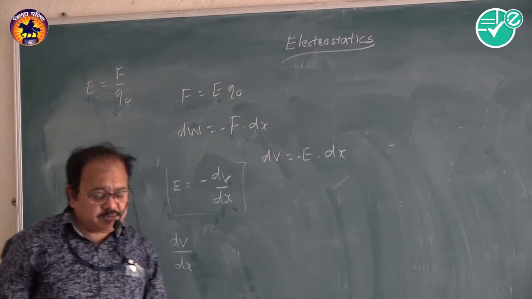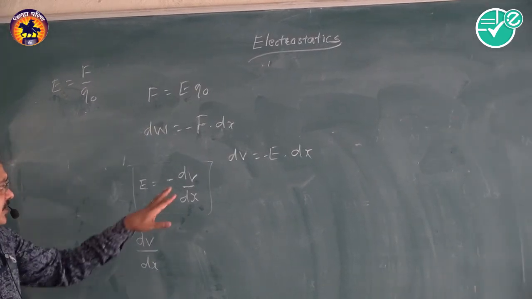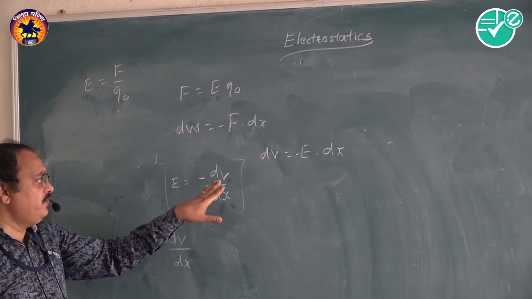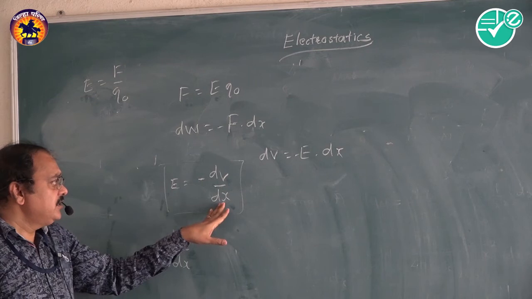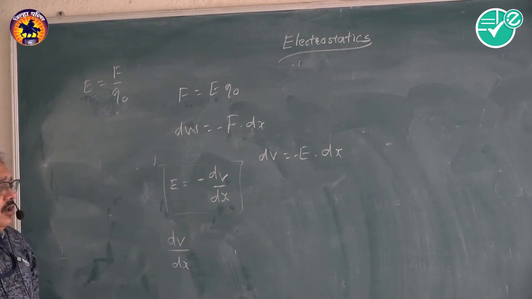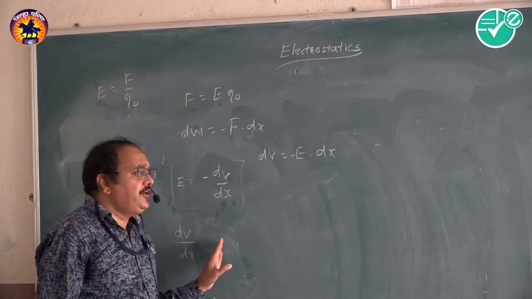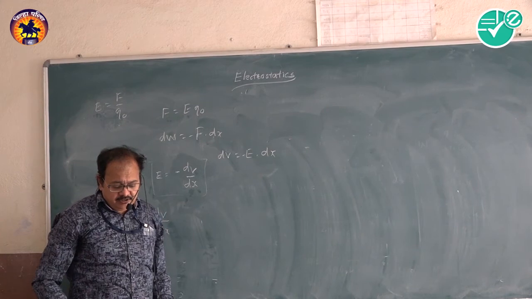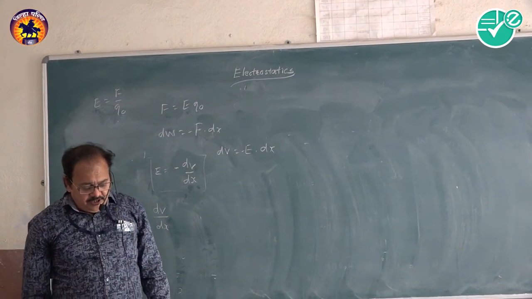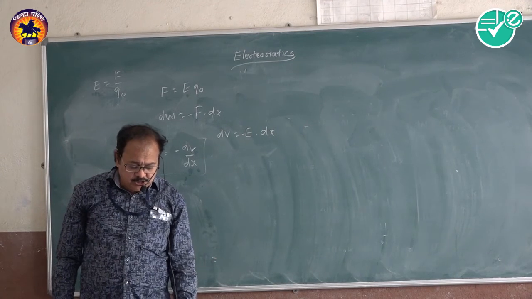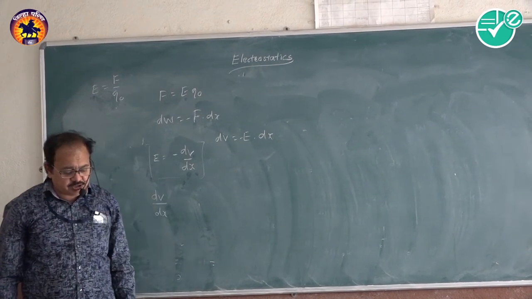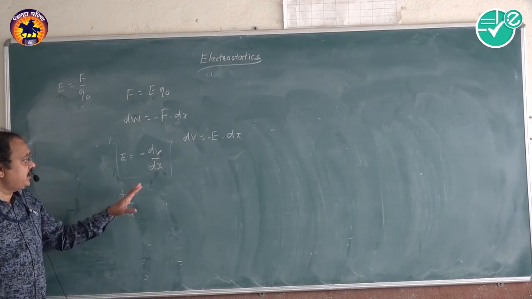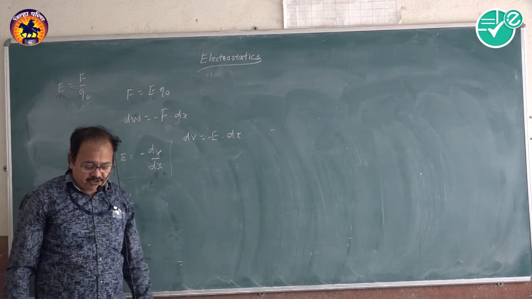It is called the potential gradient, the rate of change of potential with displacement. In this equation, the negative sign shows that the potential decreases with distance measured in the direction of the electric field.